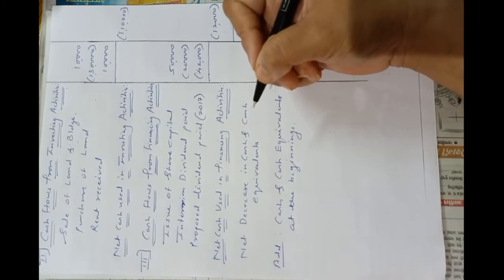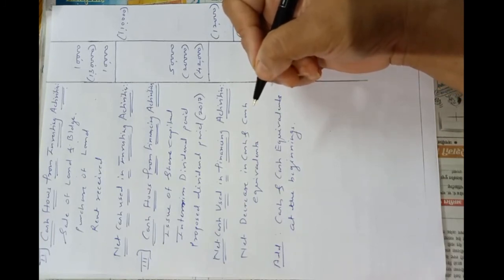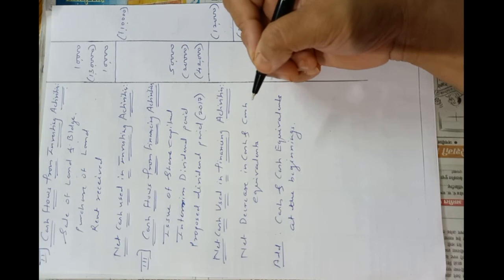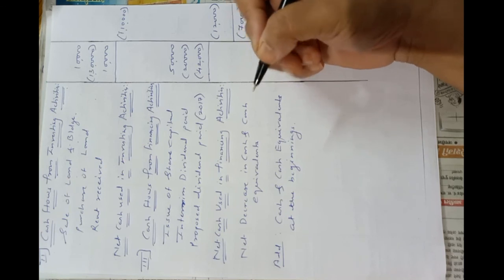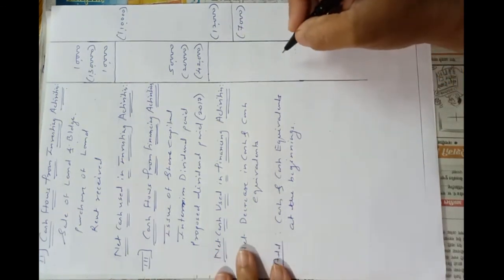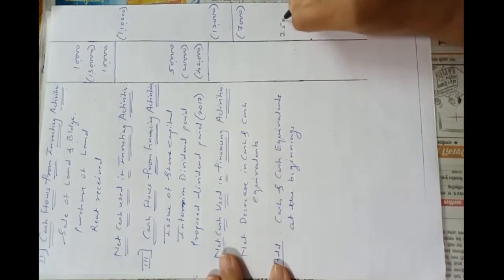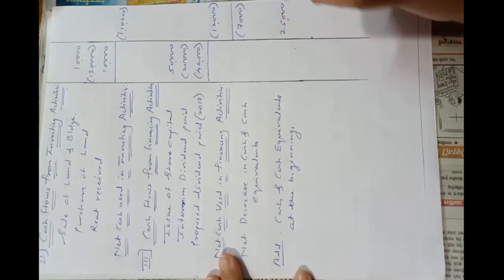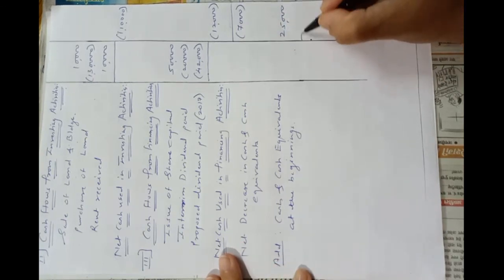See the amount of cash and cash equivalents which is given in the problem. It is 25,000 at the beginning, 18,000 at the end. So 25,000 positive, negative 7,000, addition will be positive 18,000.